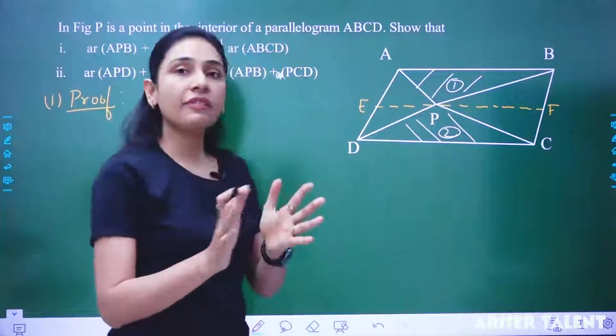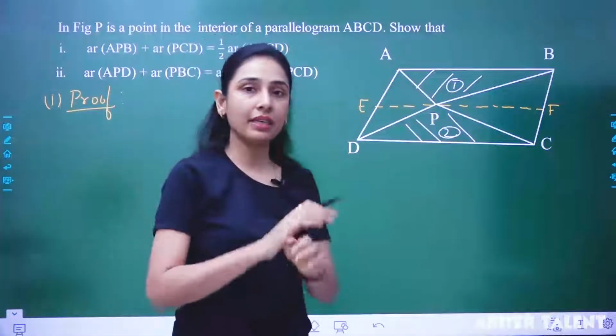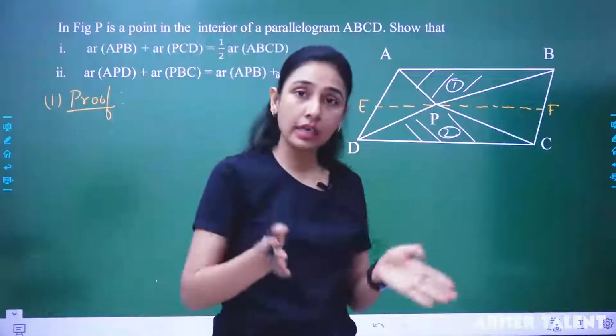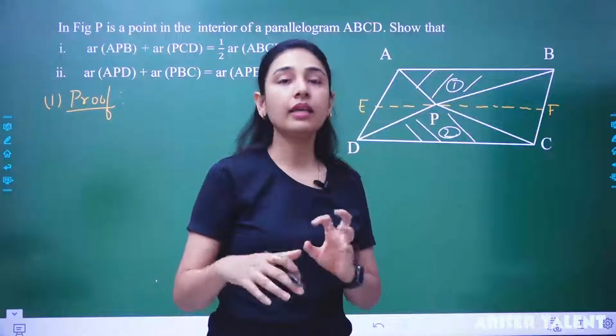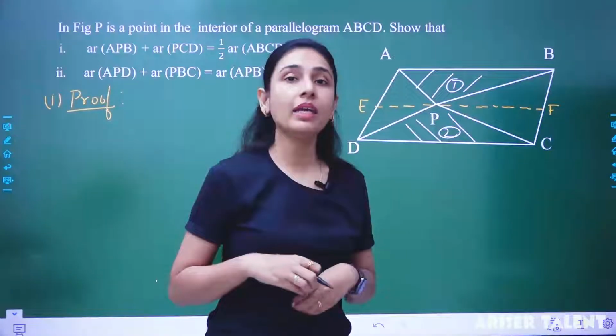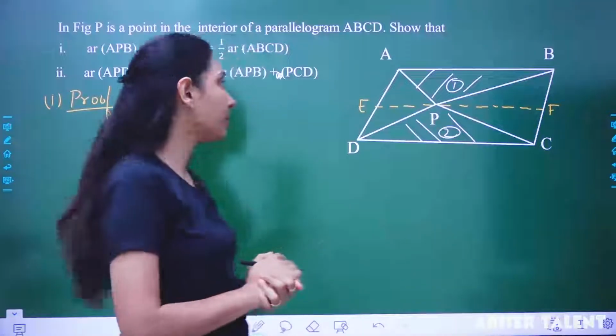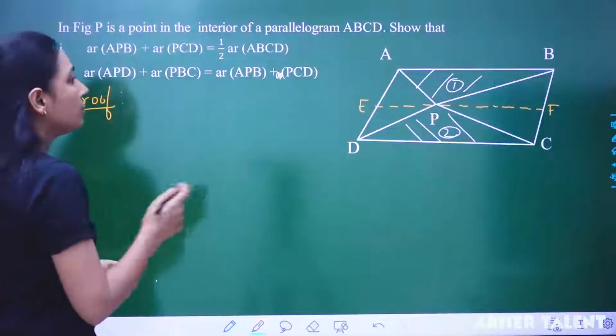Okay, luckily we are having this area theorem, that if a triangle and a parallelogram are on the same base, then the area of the triangle will be half of the area of the parallelogram, and we are again using the same theorem here. Okay, so use that.